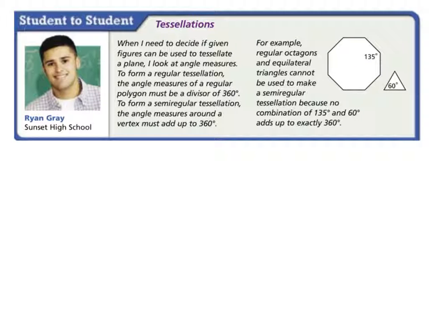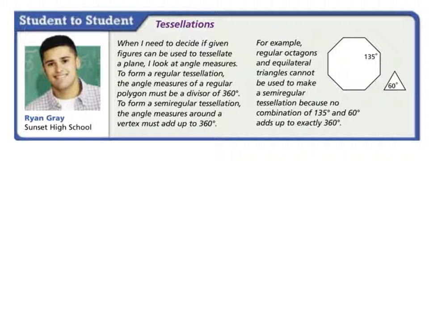So this is a little hint, and this is found on page 865. Here's what this student says. When I need to decide if given figures can be used to tessellate a plane, I look at angle measures. To form a regular tessellation, the angle measures of a regular polygon must be a divisor of 360. To form a semi-regular tessellation, the angle measures around a vertex must add up to 360.